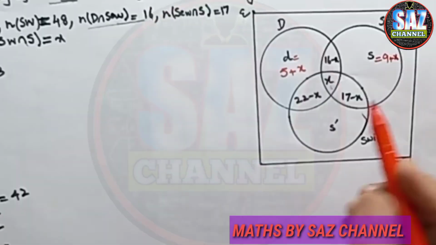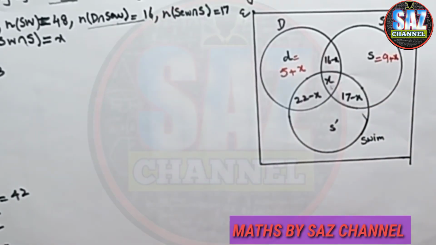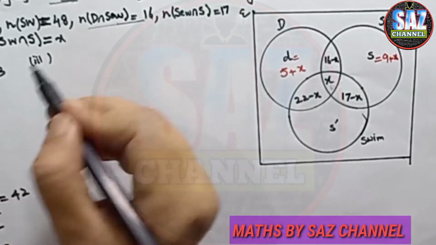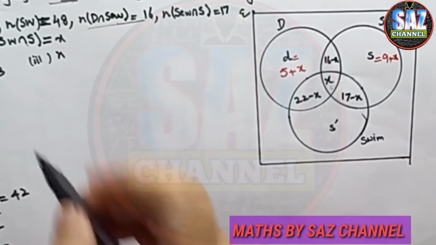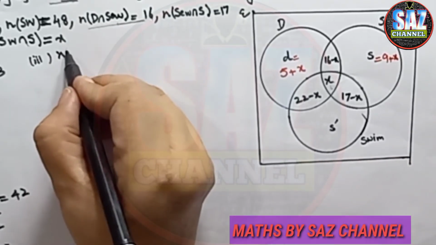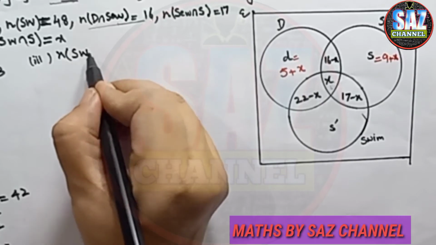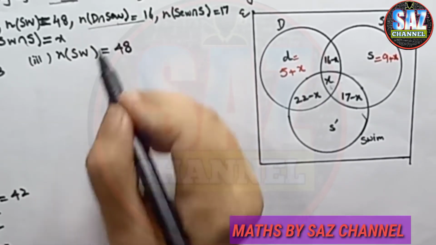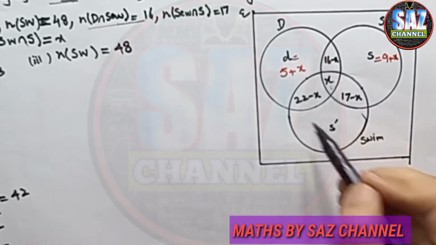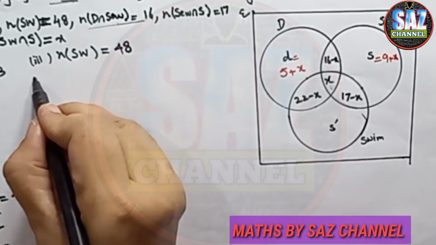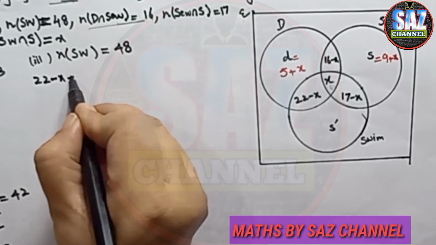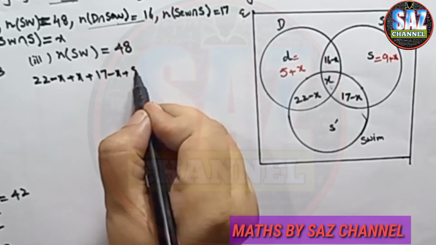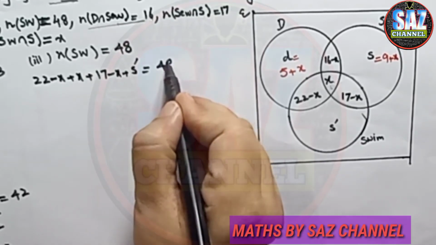And now moving on to find the number of people who take part in swimming only, that is marked with s dash. The total people who take part in swimming are 48. Again, form the equation: 22 minus x plus 17 minus x plus s dash equal to 48.